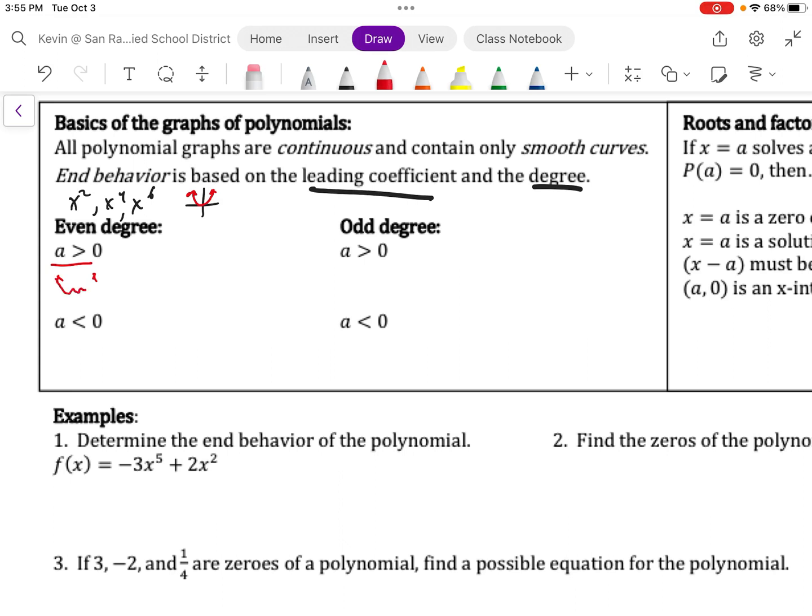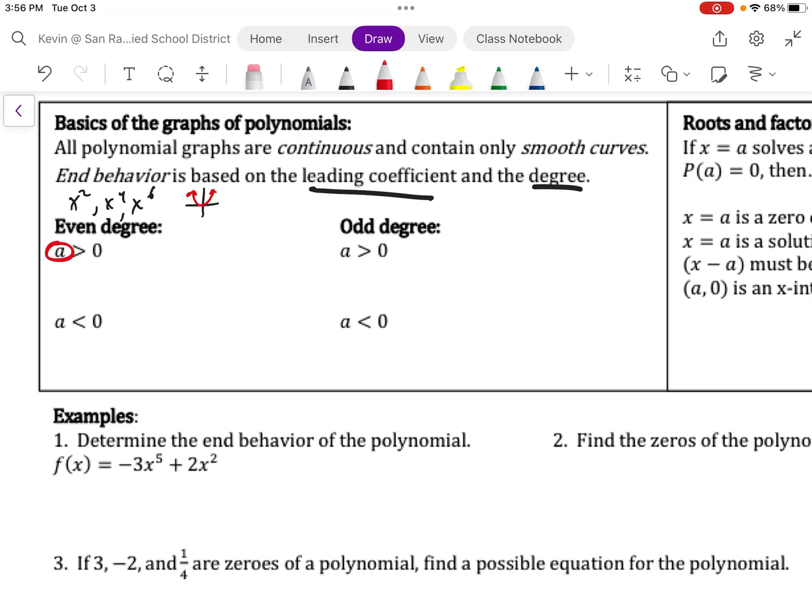It's just what happens in between those arrows. This part changes depending on the degree of our polynomial. But the end behavior right here is going to be consistent with any even degree.